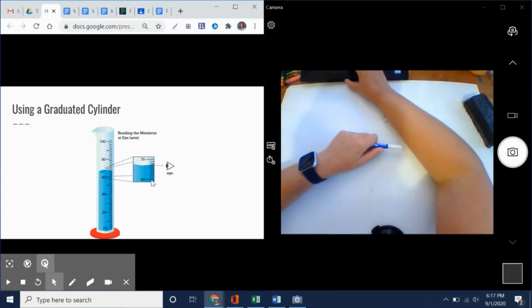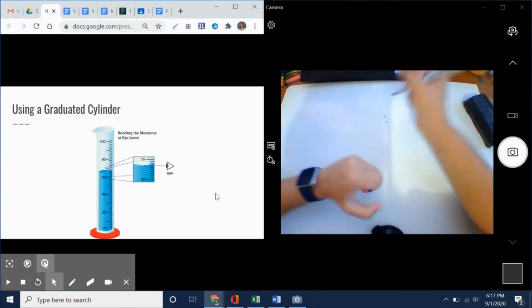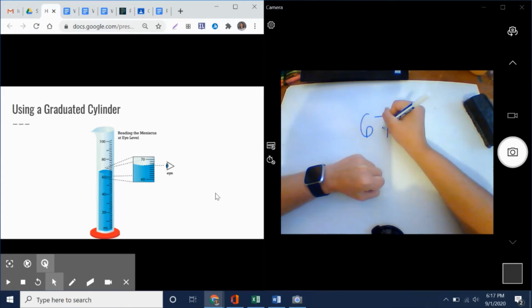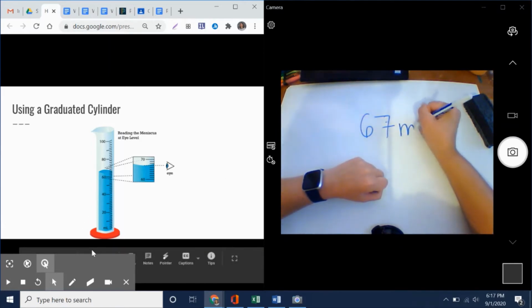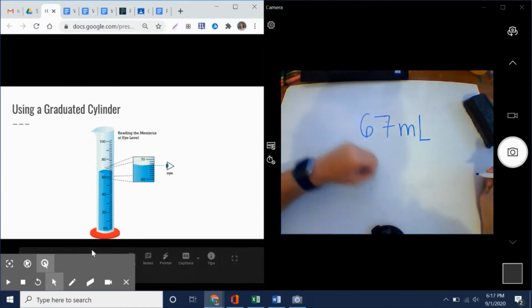So when we read this, we see that this is 60, 61, 62, 63, 64, 65, 66, and this would be 67. So we would label this as 67. And double check our units. This is a graduated cylinder. It's measuring in milliliters.